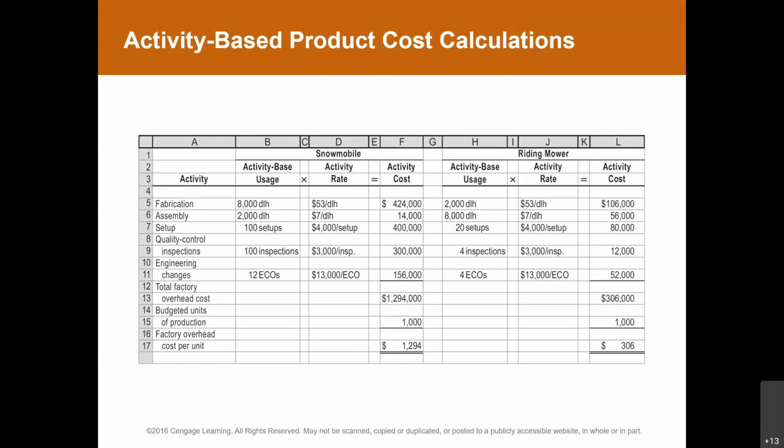Everyone sees how we got there? Yes? Say yes. Okay, good. And so we would follow that same exact principle for the riding lawnmower. For the riding lawnmower, the factory overhead per unit is $306.